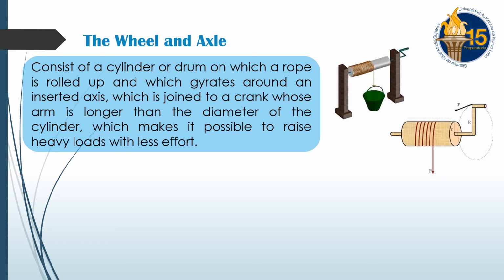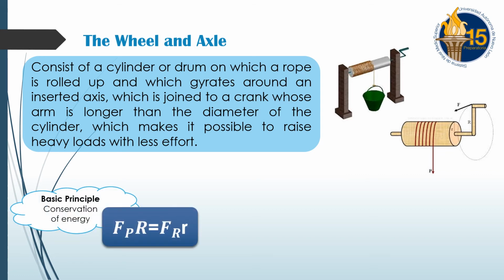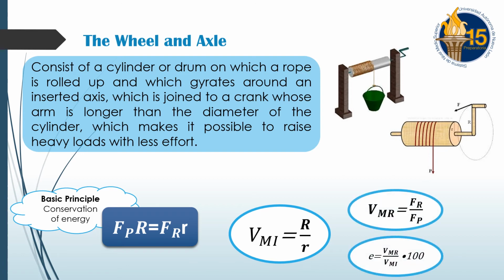The algebraic expression for the wheel and axle is as follows: effort force times the length of the crank equal to the load force times the radius of the drum. The ideal mechanical advantage is calculated by dividing the length of the crank by the radius of the drum.